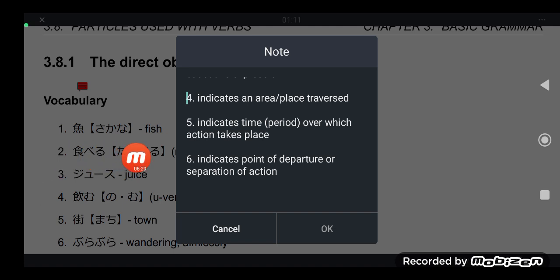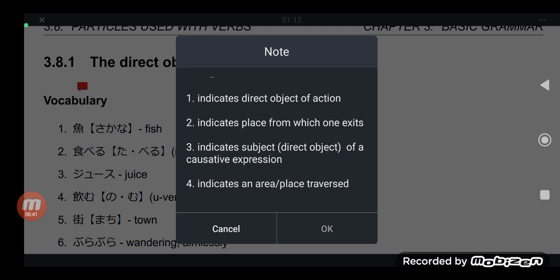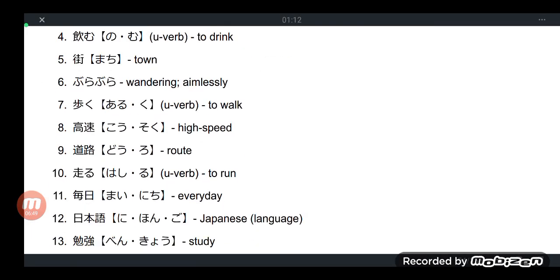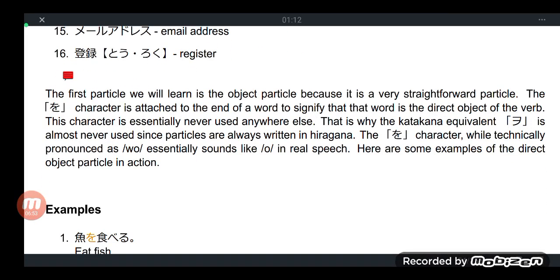And point number 6 indicates a point of departure or separation of action, which is also congruent with the second point: the wo particle indicates the place from which one exits. Okay, so let's have some examples here.